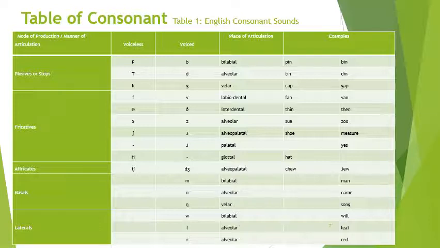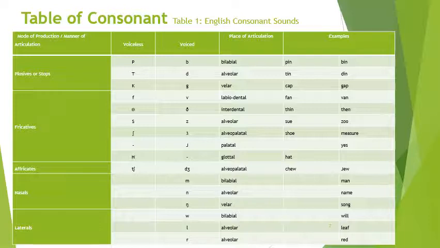plosive, bilabial. And we have T, D, also plosives because in the course of releasing the air, we have complete release of air, and they are alveolar because the tip of the tongue touches the alveolar ridge in the course of production.